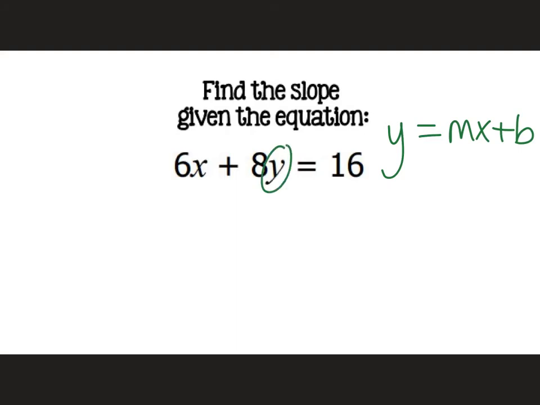We need to get the y by itself in order to look like this. If you recall those little equations we did a few weeks back, we have to manipulate this equation to get it to look like slope-intercept. I'm going to model this for you. Go ahead and write that equation down if you haven't yet, because you will want this as an example. So we're going to get it into slope-intercept form.